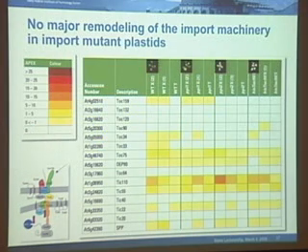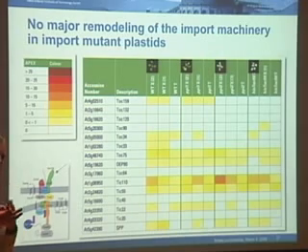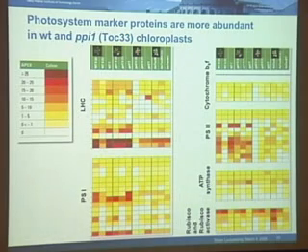So here are simply the proteins that we have identified, and the different colors indicate their abundance. We quantified the proteins, and you see that the abundance of the ones that we detected, which have a color here, is very similar in the different mutants. So there's not a large-scale reorganization of the actual import machinery if components are missing.